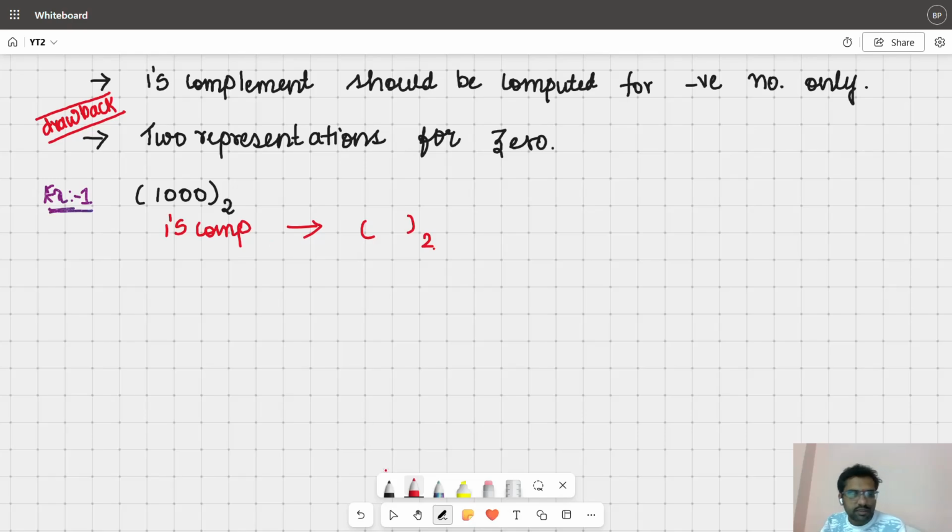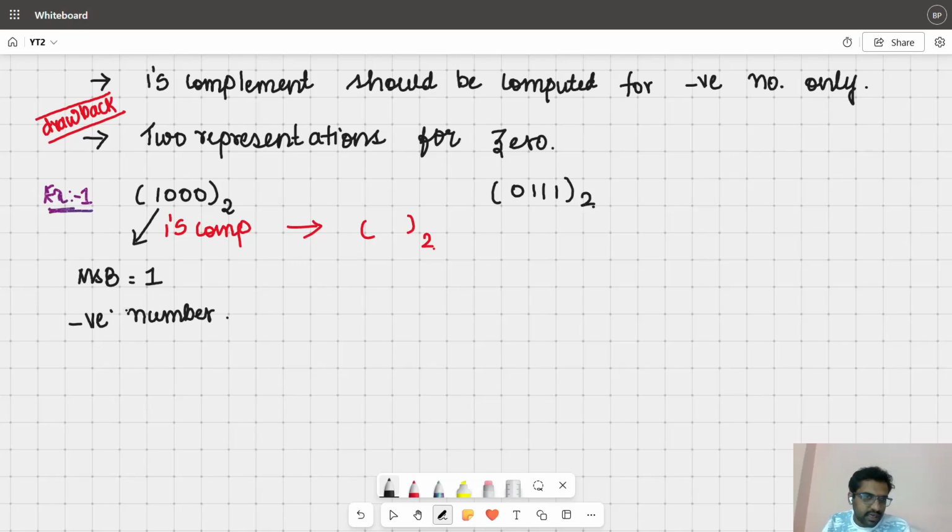Is that okay? So whenever I want to do this, the first step which I should do is to consider the MSB. If the MSB value is 1, we are going to consider it as a negative number. If it is a negative number, we will be applying the ones complement equivalent, which is nothing but 0111 to the base of 2.